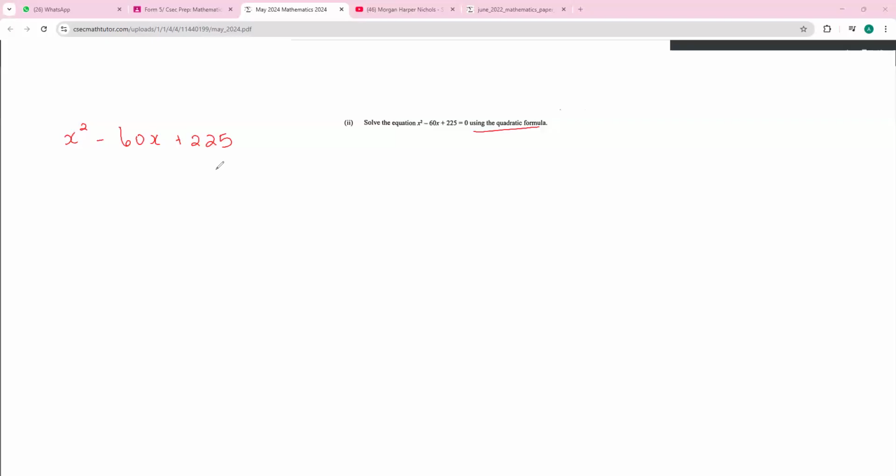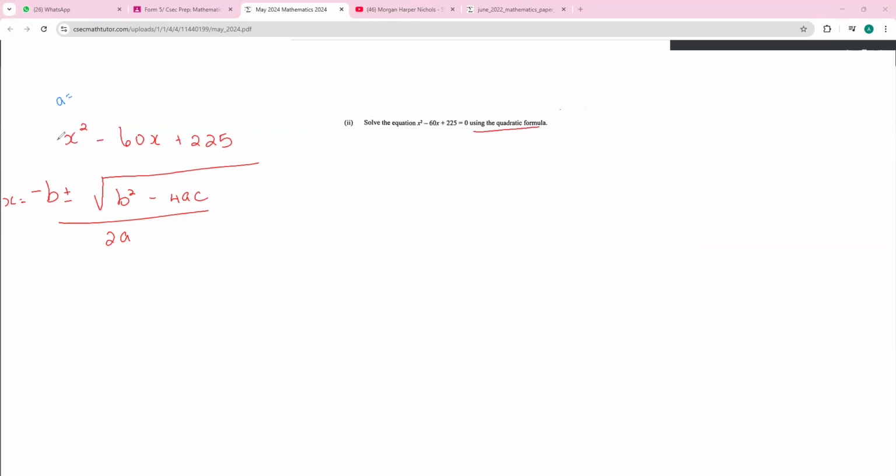All right, so formula, you write your formula. Minus b plus or minus the square roots of b squared minus 4ac all over 2a. Right, so x is equal to that. Make sure that you recognize what is a, what is b, what is c.